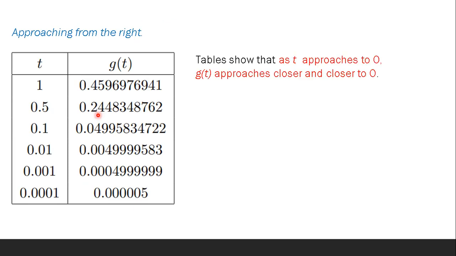And if you're asking, sir, what if from the right and from the left they don't have the same value of g of t? You mean as they approach 0, they will have different values. For example, from the left we approach 1, and from the right we approach 0.